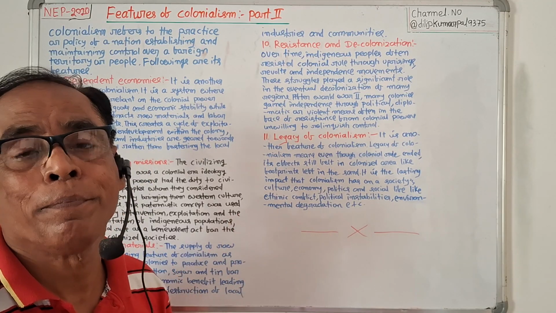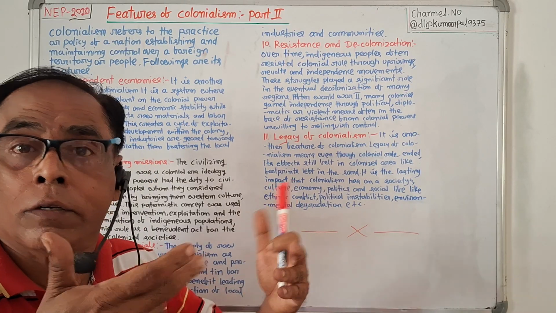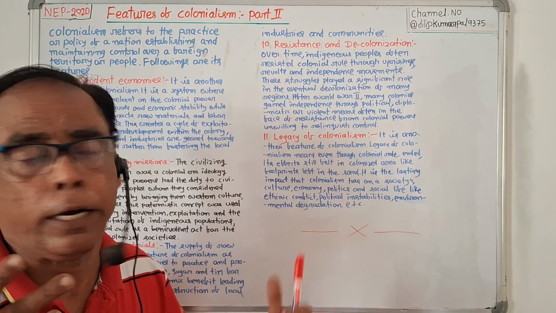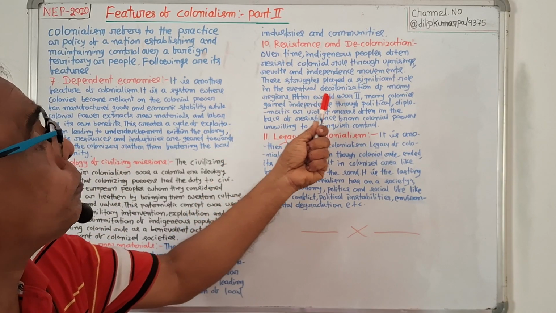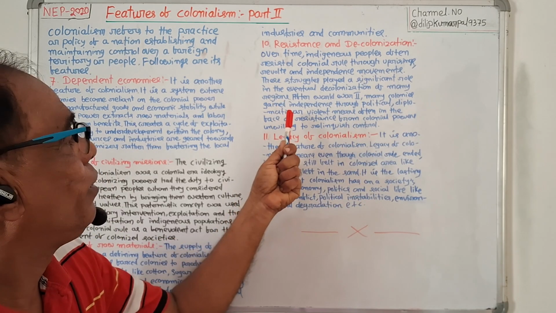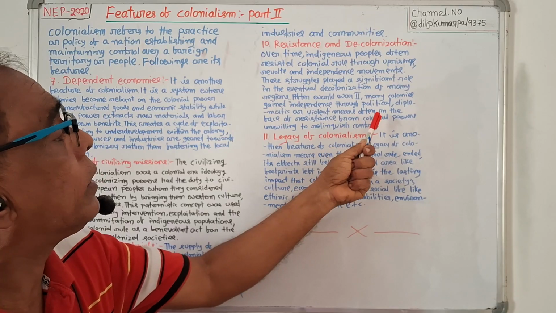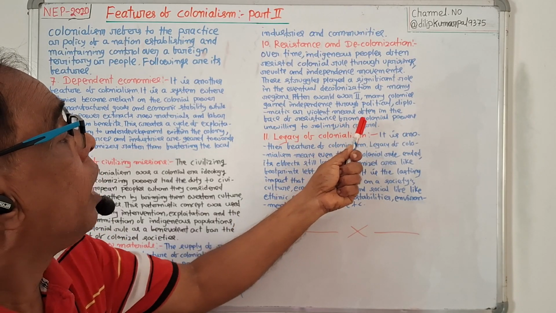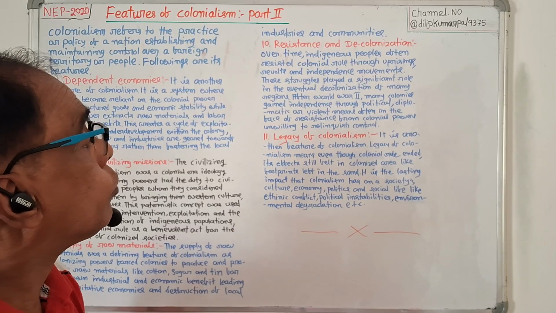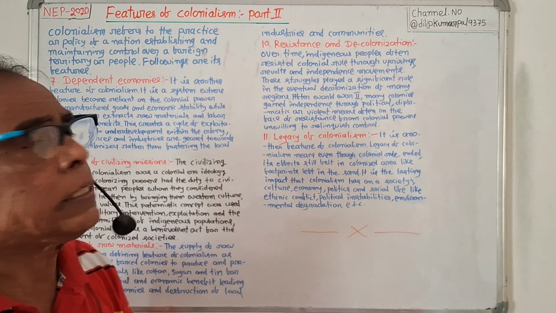So they made revolts and uprisings against the colonial nations, and they wanted to become independent. These struggles played a significant role in the eventual decolonization of many regions. After the Second World War, many colonies gained independence through political, diplomatic and other means, often in the face of resistance from colonial powers unwilling to relinquish control.